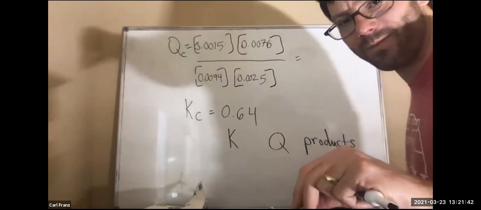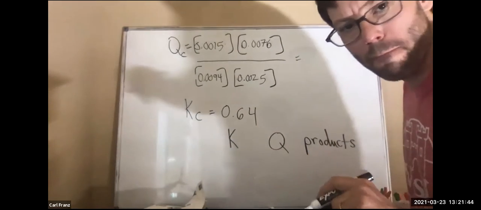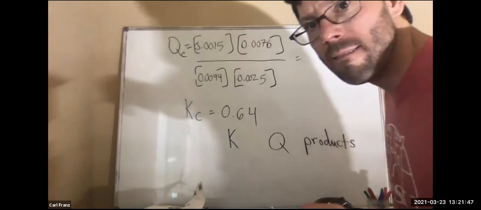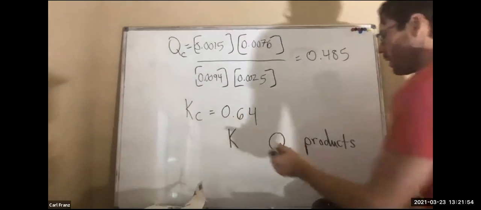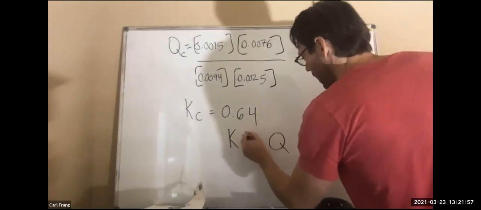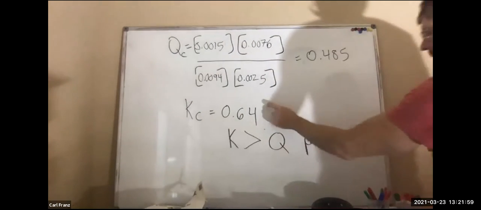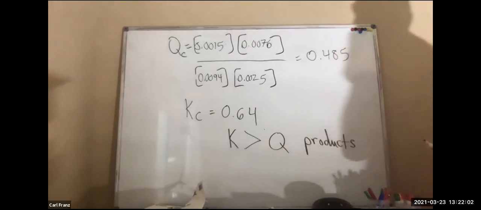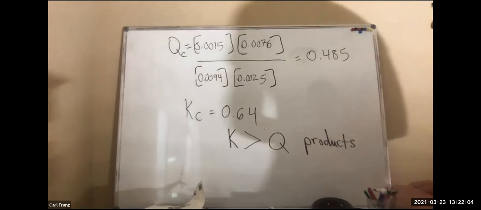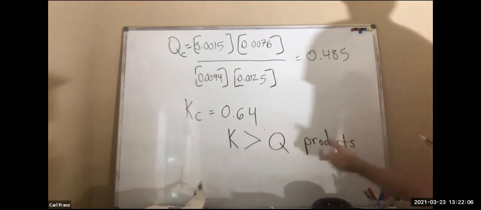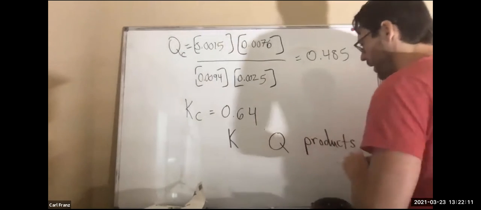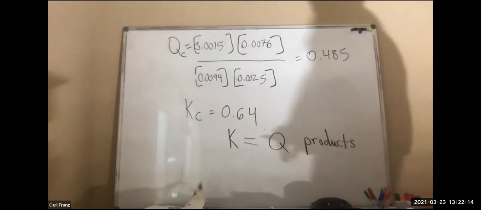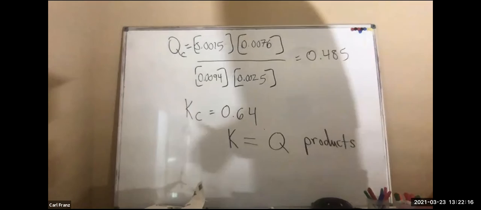Anybody? 0.485, I think. Okay. So again, Q is less than K, right? Because K is 0.64. So it's going to go toward products. Now, what if you got 0.64? What would you say? You'd say, well, they're equal, and you'd say they're at equilibrium. Okay, if you get a problem like that.